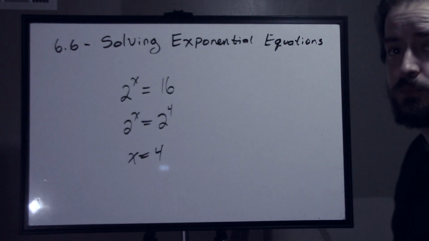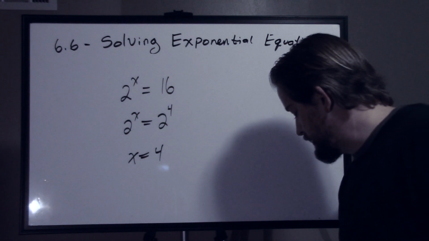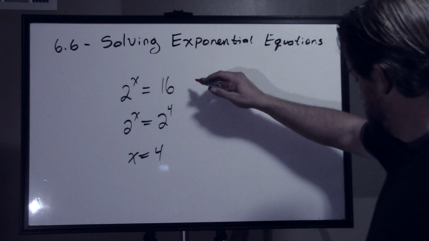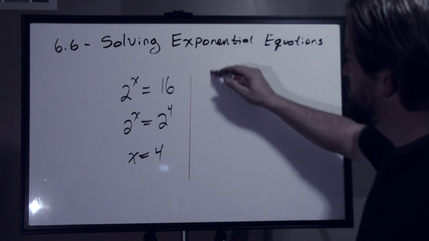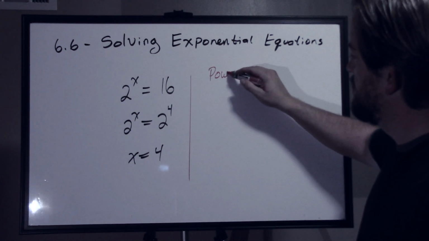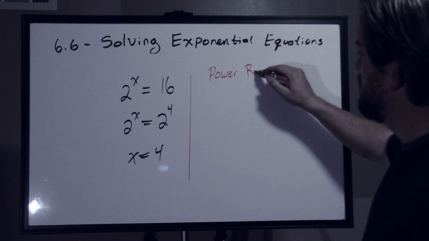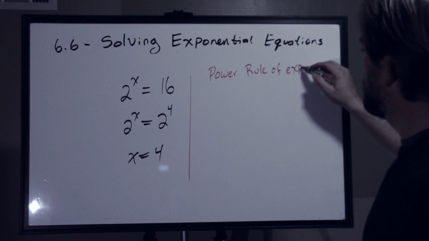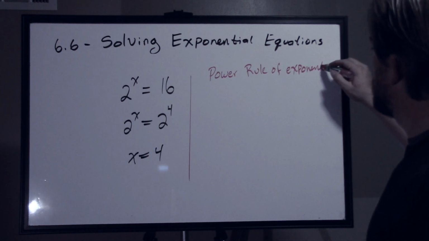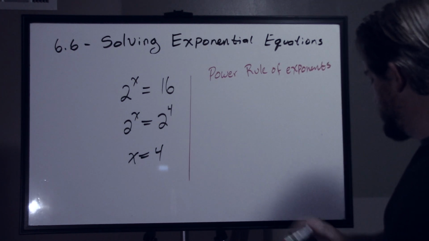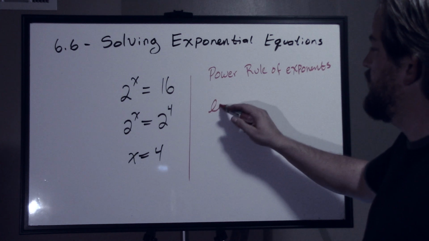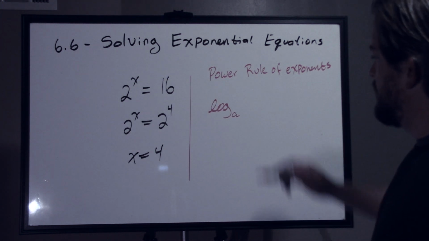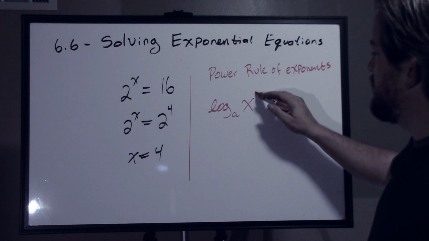But there's a nice property of logarithms that we're going to look at. And that property is called the power rule of exponents. And it says this: if I have the logarithm, log base anything, of something with a power, right?